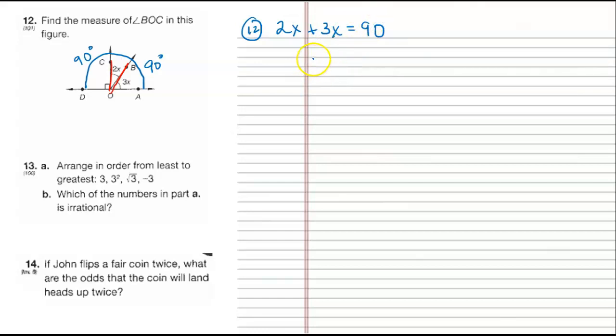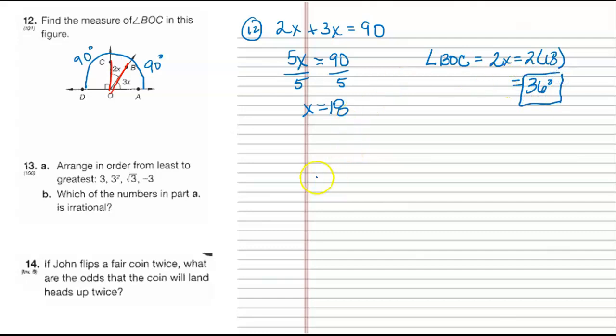When we add terms with variables, we add the number in front, 2 plus 3 is 5, and we keep the variable, okay? Then to solve for x, I divide by 5, so I get x equals 18. But that's not my answer, because angle BOC is equal to 2x, or 2 times 18, which is 36 degrees. You want to write all that down.